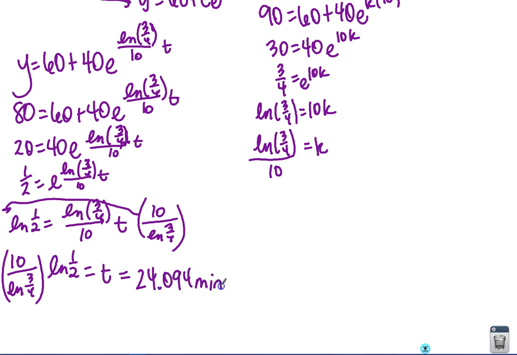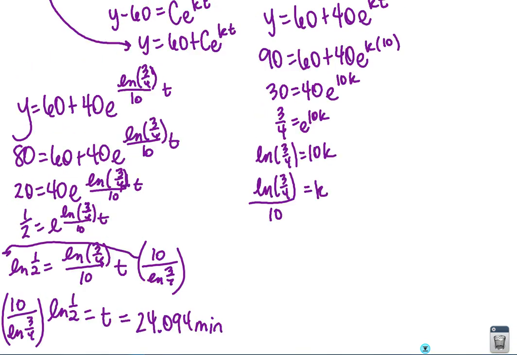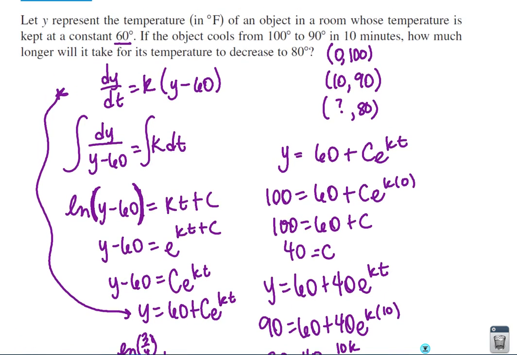This would take 24.094 minutes. This is if I went from time equal to 0 to 24 minutes, my object, I don't know what it is, would have cooled down to 80 degrees. But the original question was how much longer would it take? We have to be very careful with this. How much longer will it take?